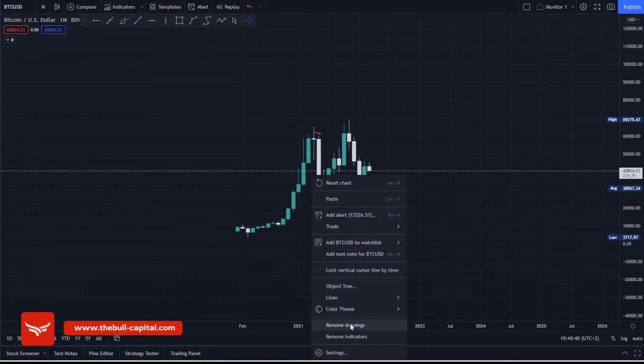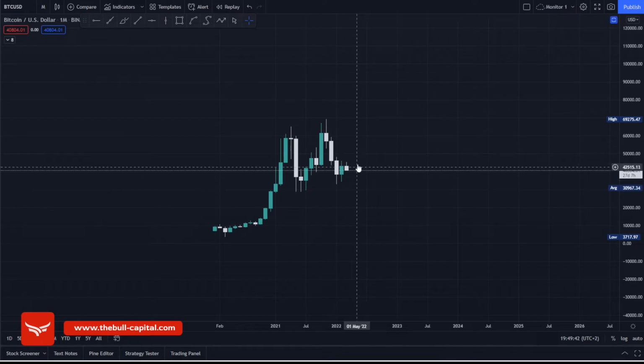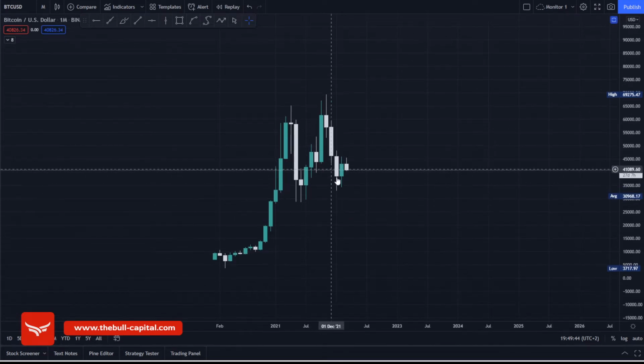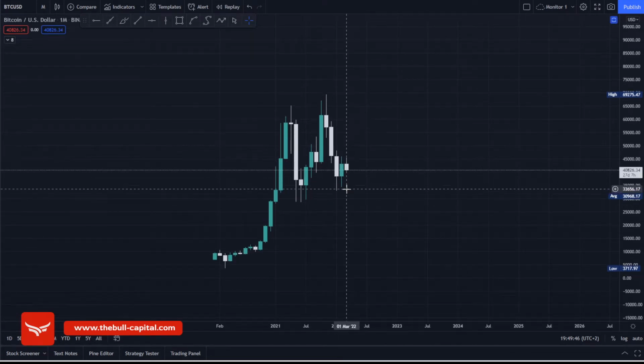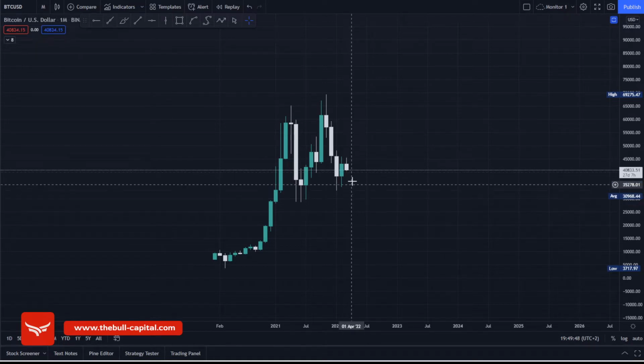Now, we have here a candle in progress. On the right side we see that this candle is going to close in 27 days and 7 hours.